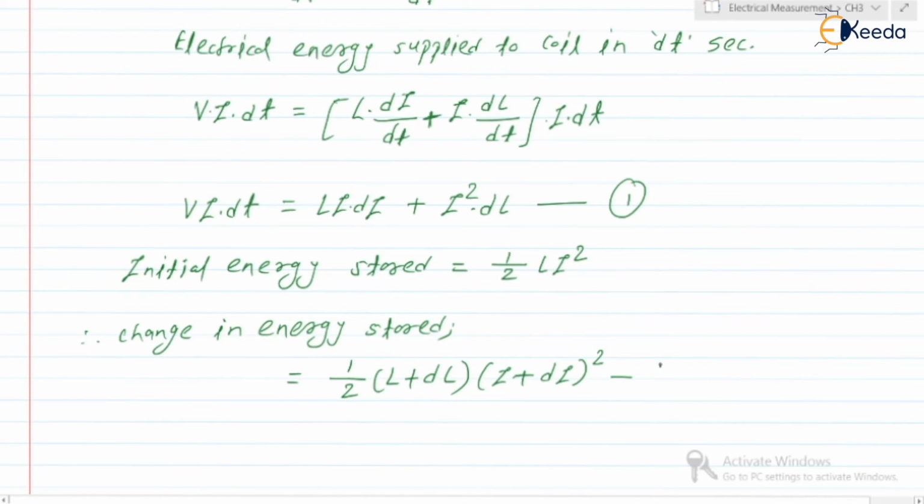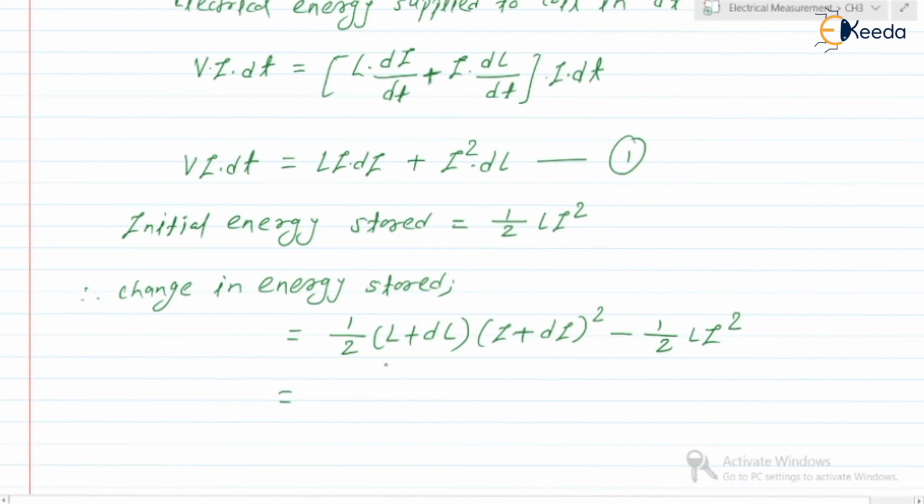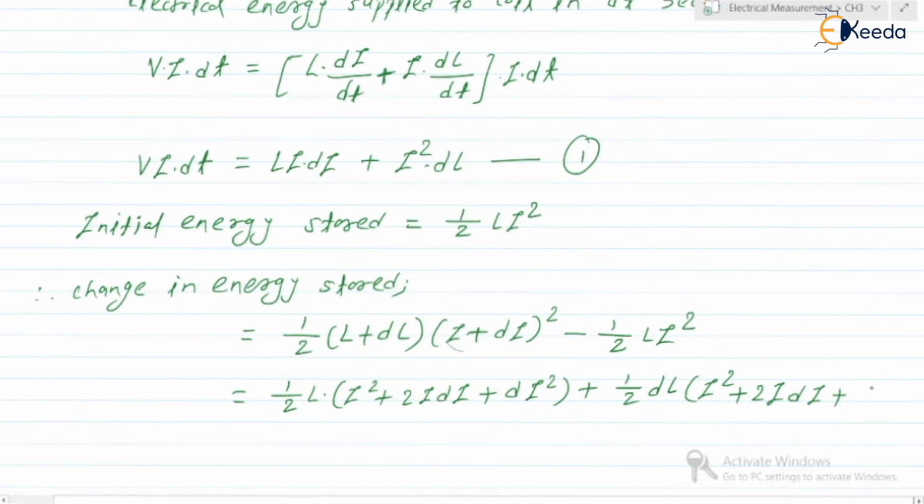Further we can simplify it as half L into (I square plus 2 I di plus di square), plus half dL into (I square plus 2 I di plus di square), minus half L I square.